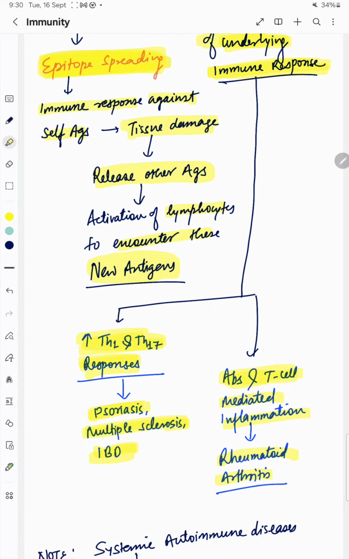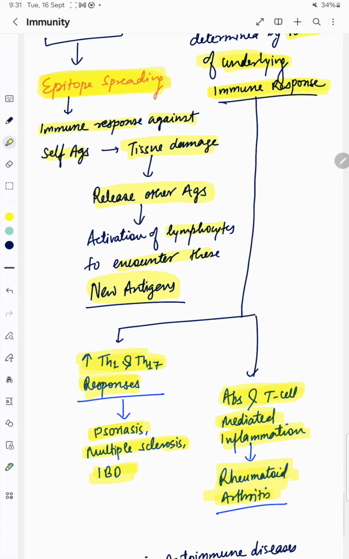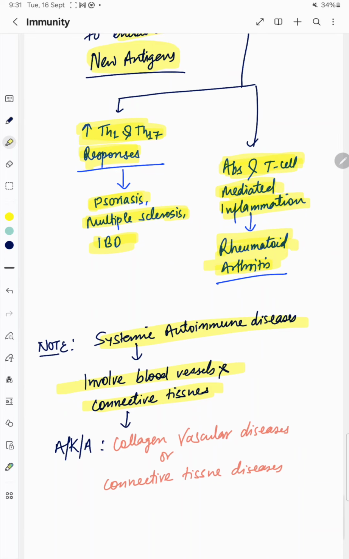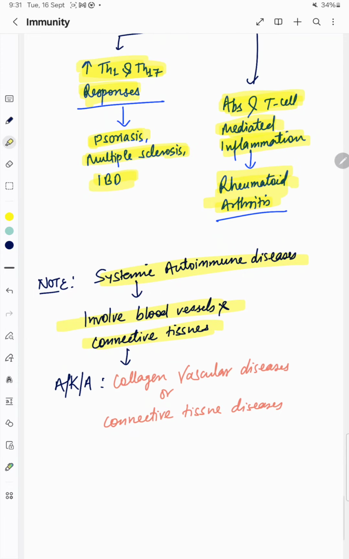Whenever there is involvement of antibodies or T cell mediated inflammation, this will result in rheumatoid arthritis. Systemic autoimmune diseases usually involve blood vessels and connective tissue. They are also known as collagen vascular diseases or connective tissue diseases.